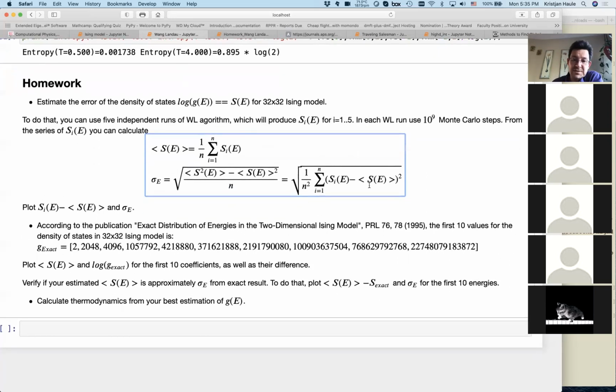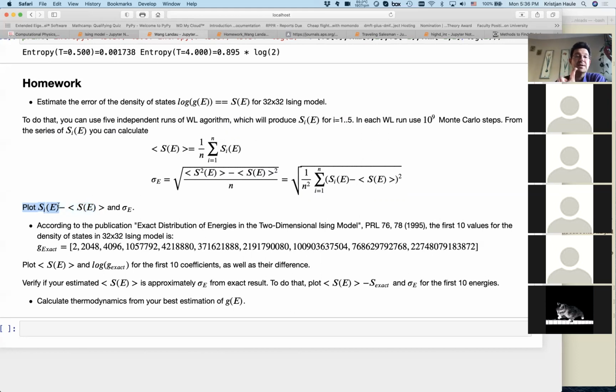Basically we can evaluate this pretty simply by having all this S of E. I mean, this is one possible expression, of course, which is exactly equivalent to that. So I ask you to plot the difference between the average over all 5 iterations and each independent run.